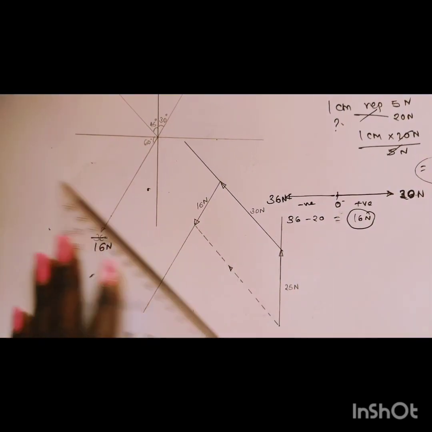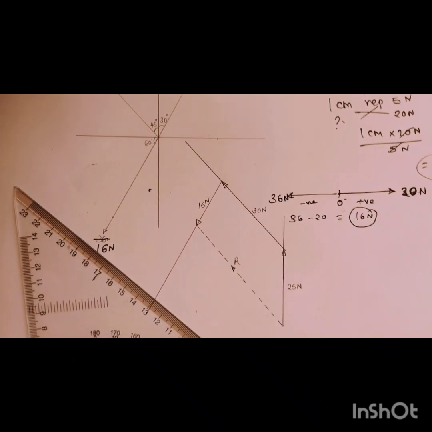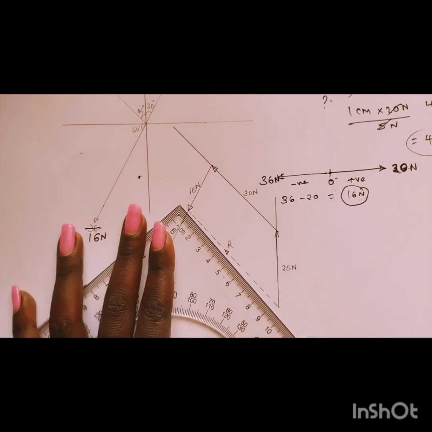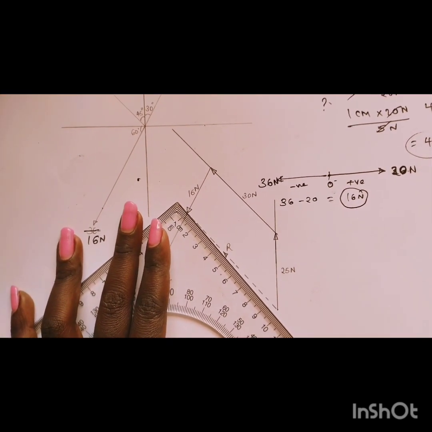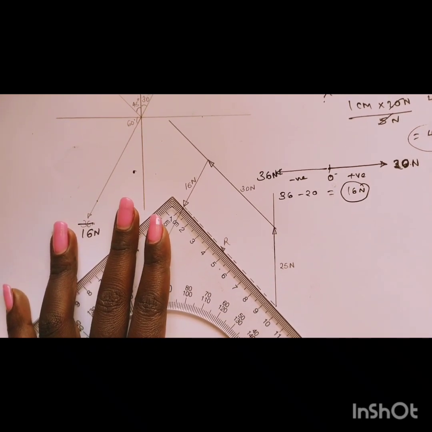Direction. So this would be our R, or the resultant force. Go ahead and measure using the suitable scale that you had. Remember, the scale will still remain.